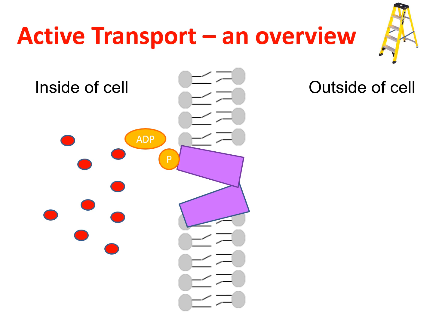Okay, now I've shown energy there with this ATP molecule, which is now changed to ADP. You don't really need to worry too much about what that molecule is all about at the moment. It's just showing that energy is needed. What you do need to remember though is the process by which that energy is released.